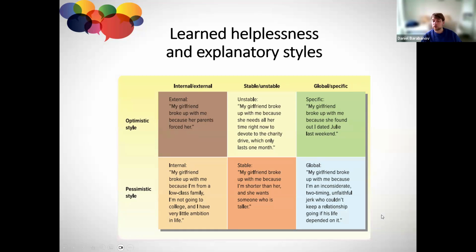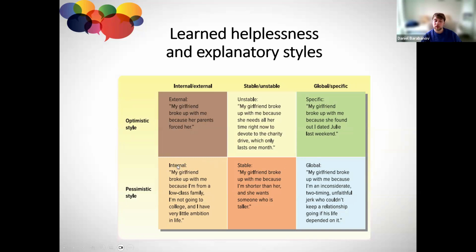And global: my girlfriend broke up with me because I'm inconsiderate and a faithless jerk, right? So it's your global characteristic, and you couldn't keep a relationship going in your life, right? So not much space for change, right?